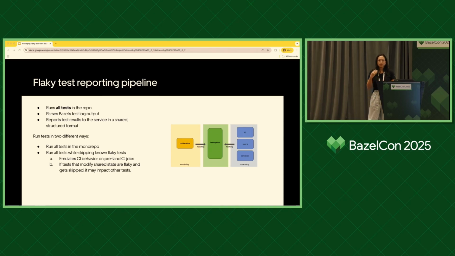If it gets skipped in CI, other downstream tests might depend on that test to run, and because it gets skipped, the subsequent test fails. Ideally, this case shouldn't happen. Tests should be independent from each other, but we don't really have any linters to prevent these shared mock calls.